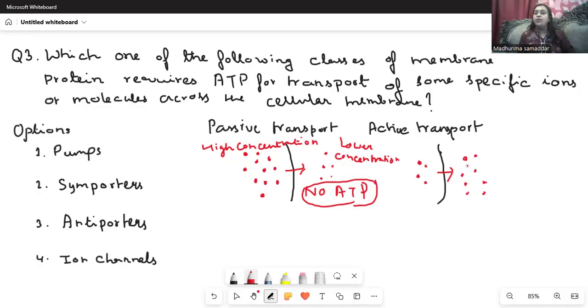Okay. So in that case, ATP is required for the transport of the molecules across the cell membrane. Now, in active transport also, there are two types of transport. What are the two types of transport? One is primary transport.